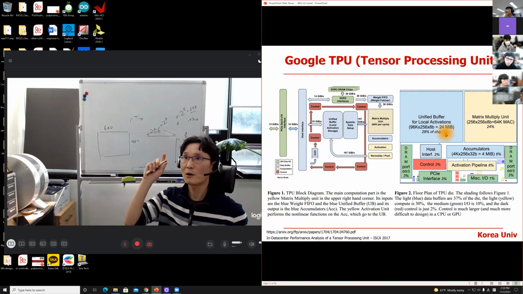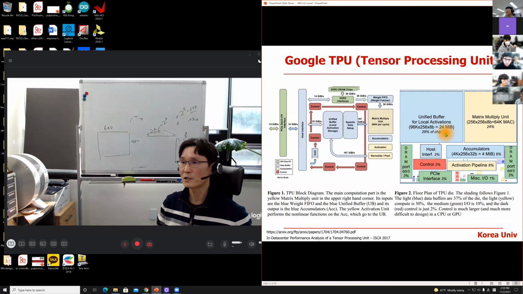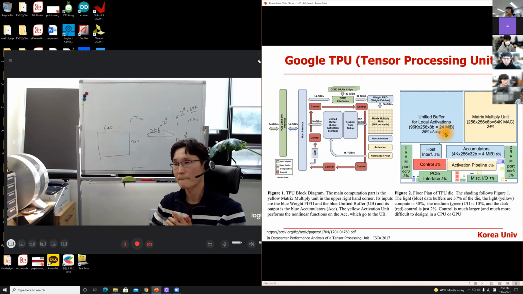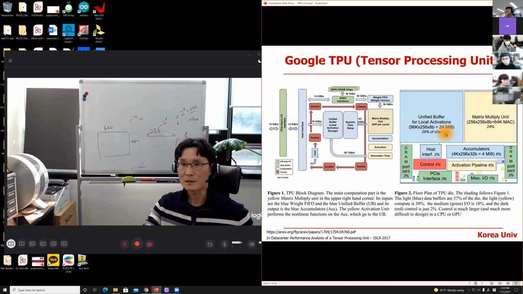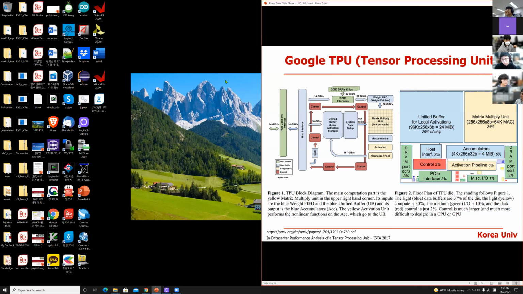Think about that. How big is the cache in x86 computers these days? 8 megabytes, right? Let me check my computer. My computer is pretty brand new.